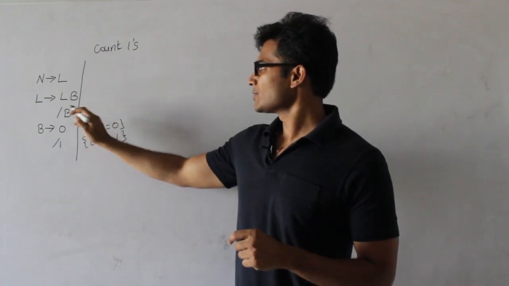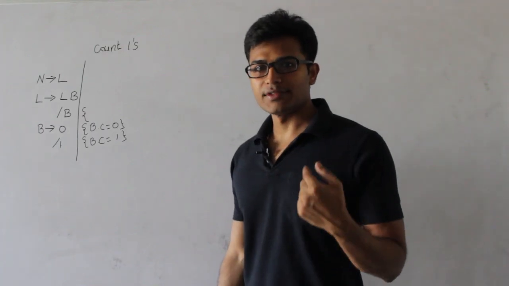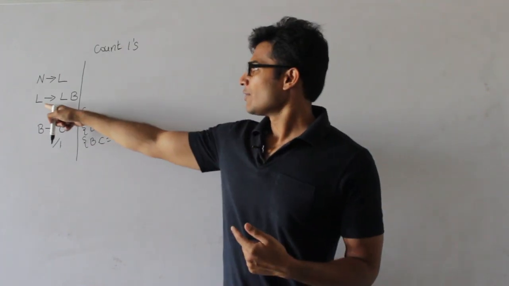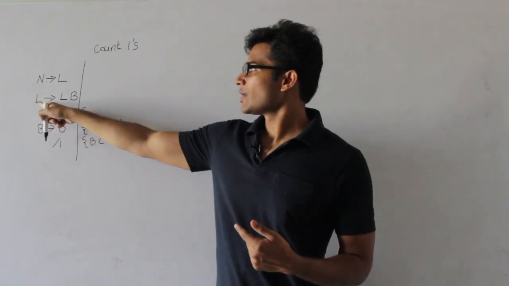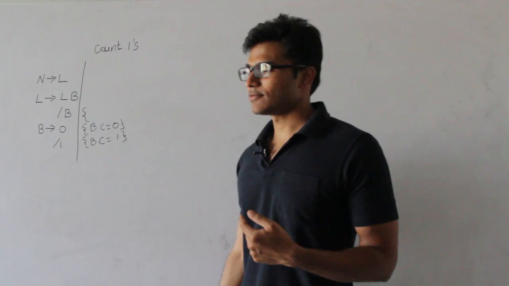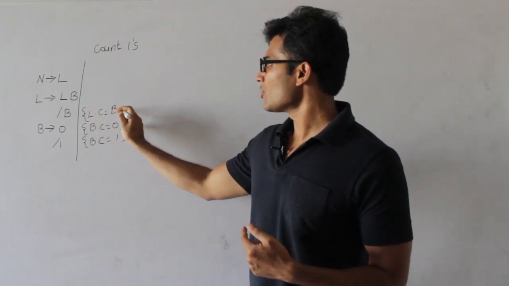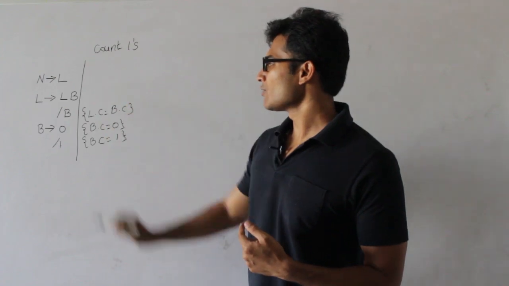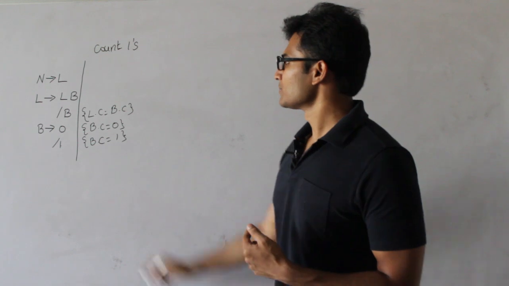And if the production is, whenever there is a list, then the number of ones in the list depends on the number of ones in this bit. If the bit is 1, then we are going to get the number of ones in the list as 1. Therefore L dot count equal to bit dot count. If the bit is 1, then L dot count equal to 1. If the bit is 0, then L dot count equal to 0.